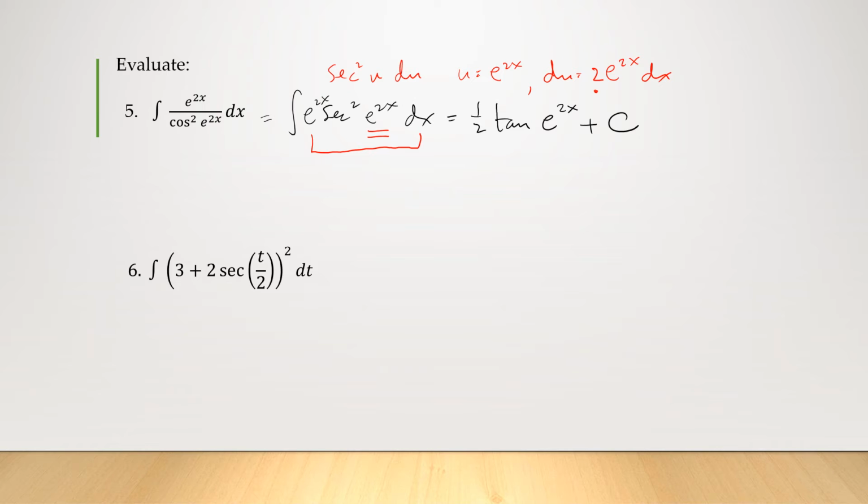Next, the integral of the quantity 3 plus 2 secant t over 2, quantity squared, dt.